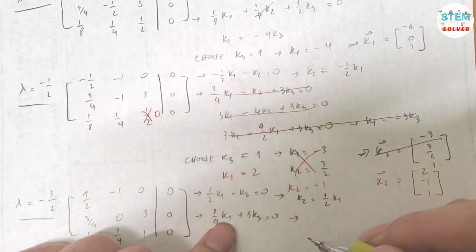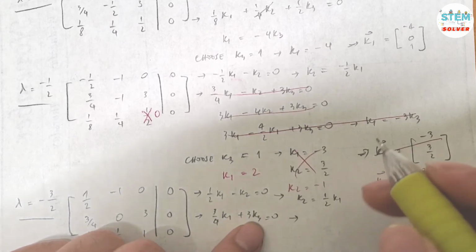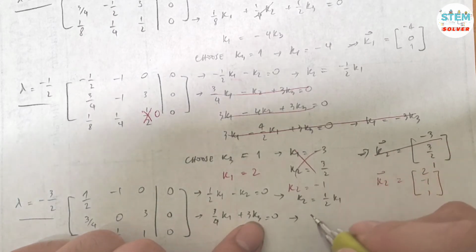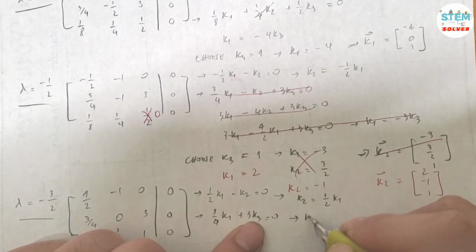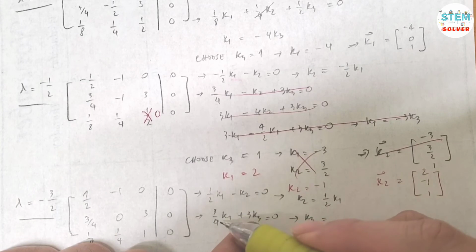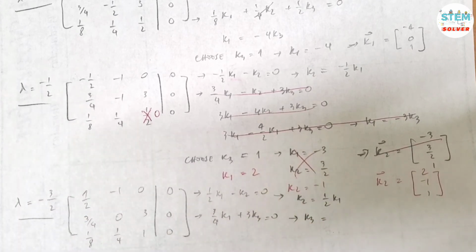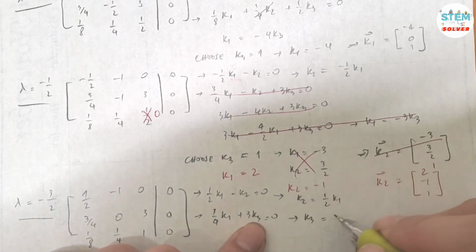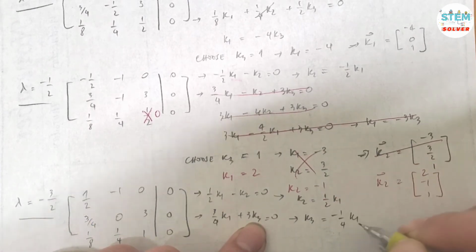Solve for k3: 3 over 4 divided by 3, you get k3 equals negative 1/4 k1.